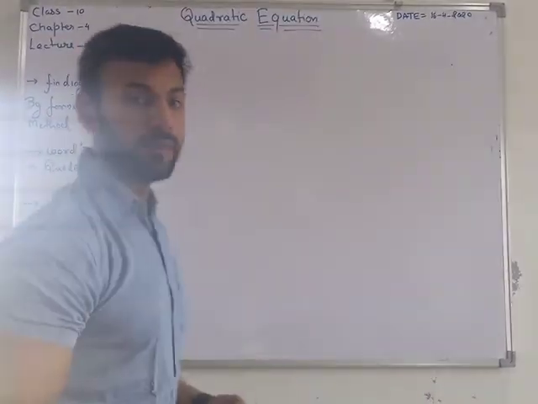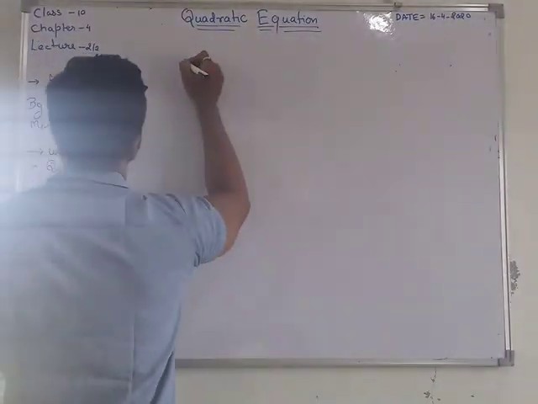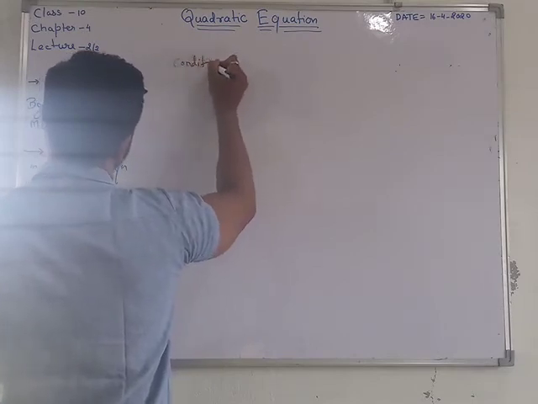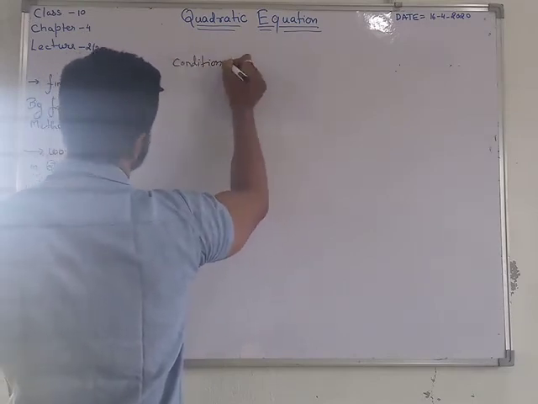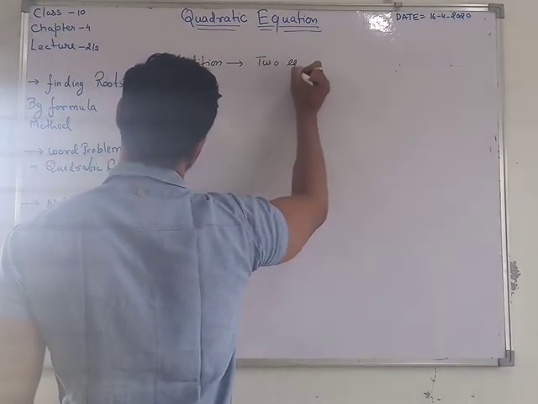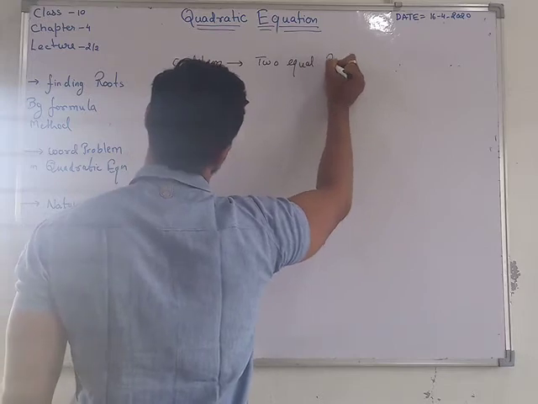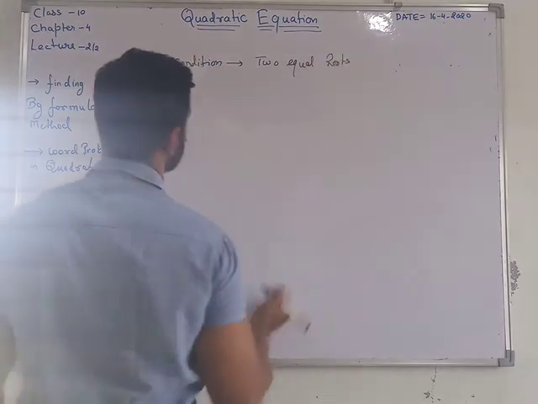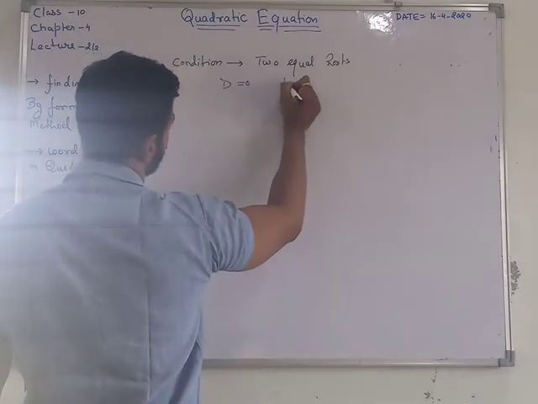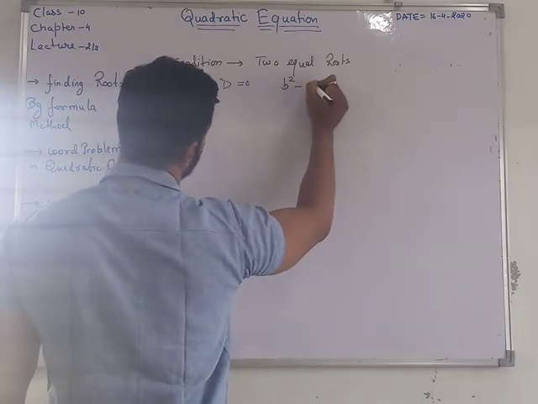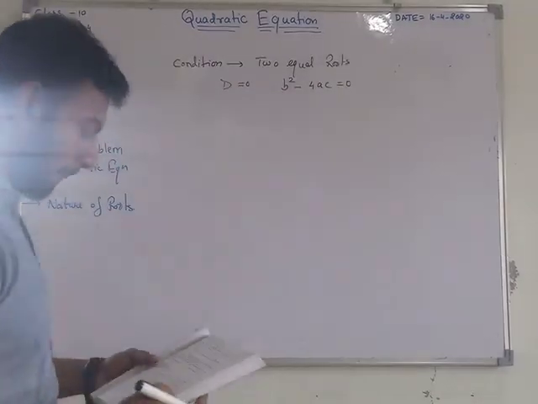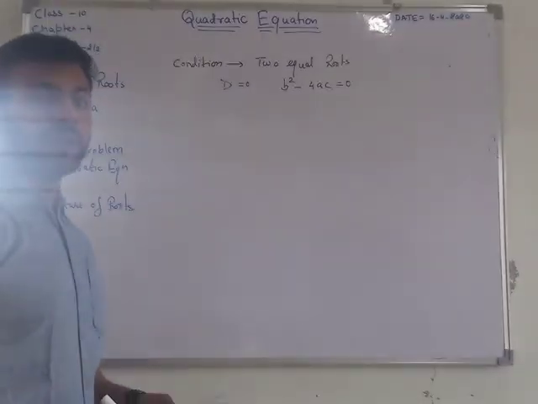The condition given is that we are having two equal roots. Two equal roots means D is equal to 0, which says that b square minus 4ac is equal to 0. And we have to find the value of k.